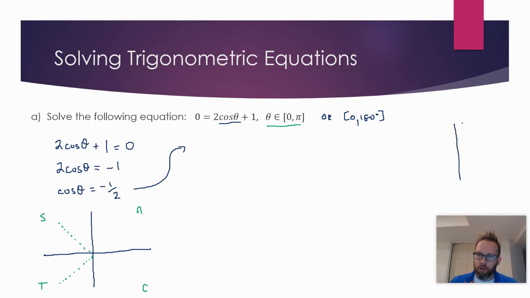So I'm going to draw our 30, 60, 90 special triangle over here. Because this original question is in radians, instead of 60 degrees, I'm going to write pi over 3. Instead of 30, I'll write pi over 6.